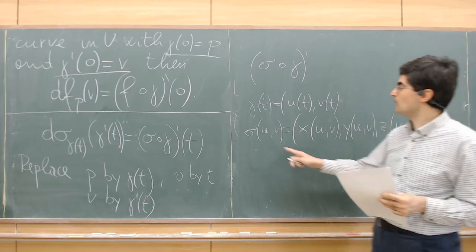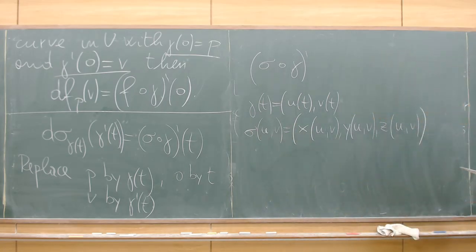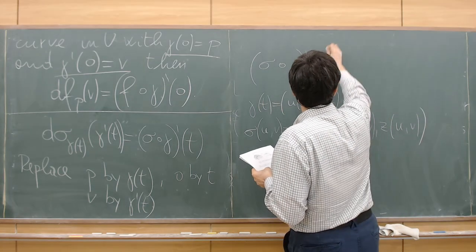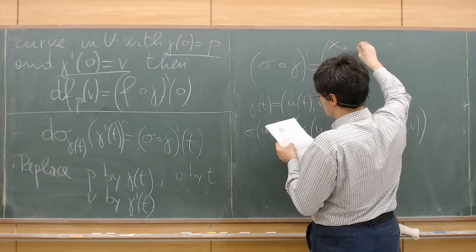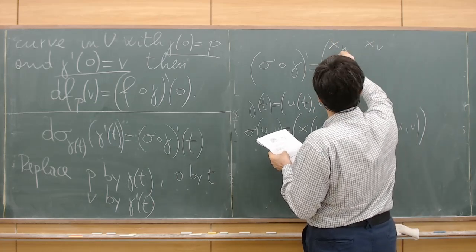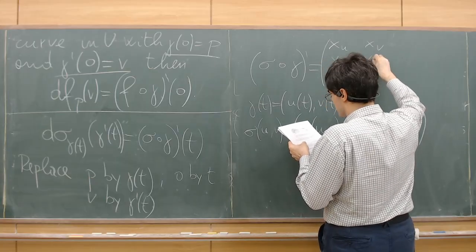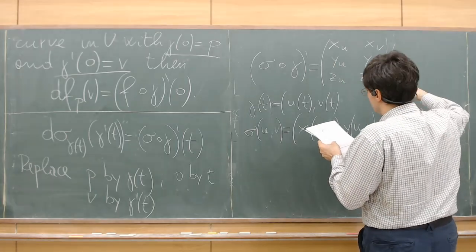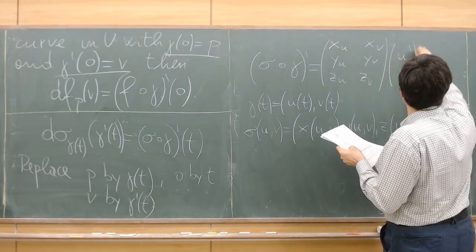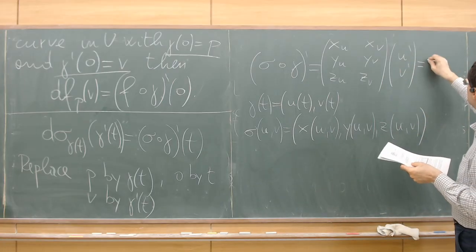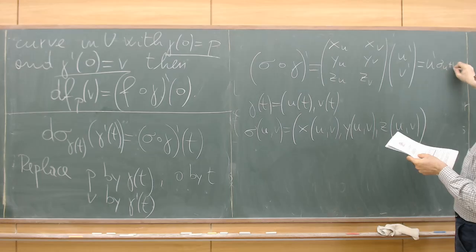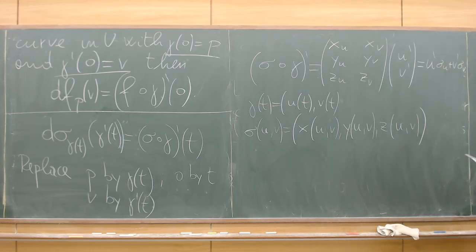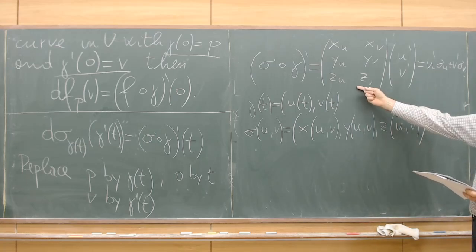Then what happens if you compose sigma with gamma? You get the matrix with rows x_u, x_v; y_u, y_v; z_u, z_v multiplied by (u', v'), and this can be written as u' sigma_u plus v' sigma_v. This is the Jacobian of sigma.